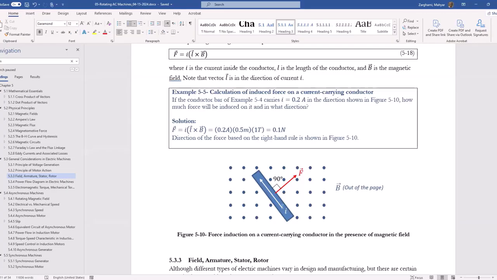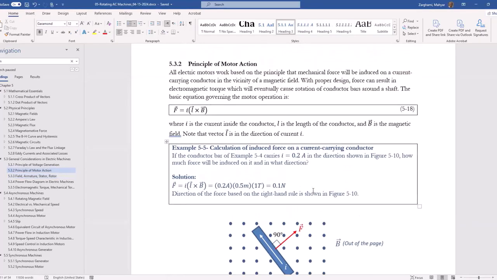Because of the current flowing in that conductor, there would be a force induced on that conductor through that external magnetic field of B. That force would be I, which is the current inside that conductor, times L cross B, where L is the vector associated with the length of the conductor, and B is the external magnetic field, and the L vector has a direction which is the same as the current.